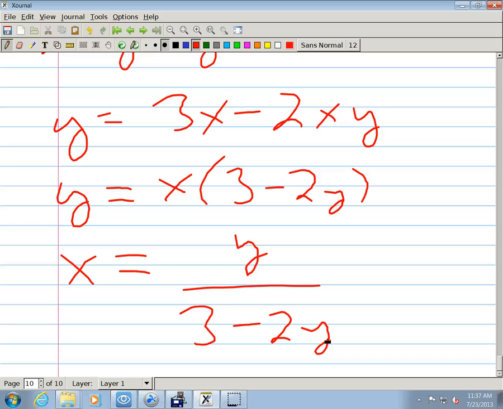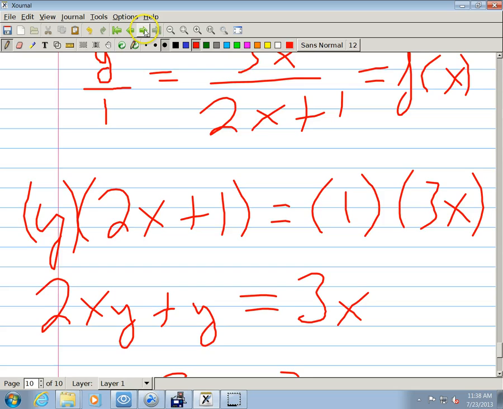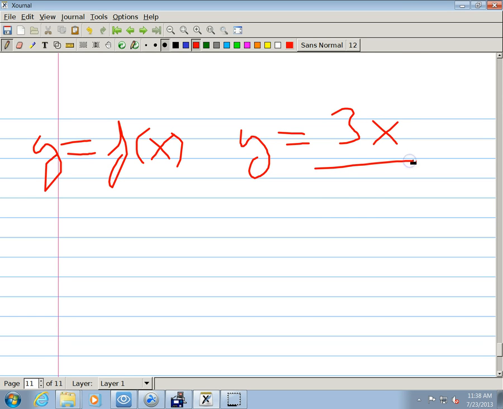All right, so what does that mean? That means that we have two functions, right? Let's go to the next page. We have y as a function of x, which was what we started with: y equals 3x over 2x plus 1.